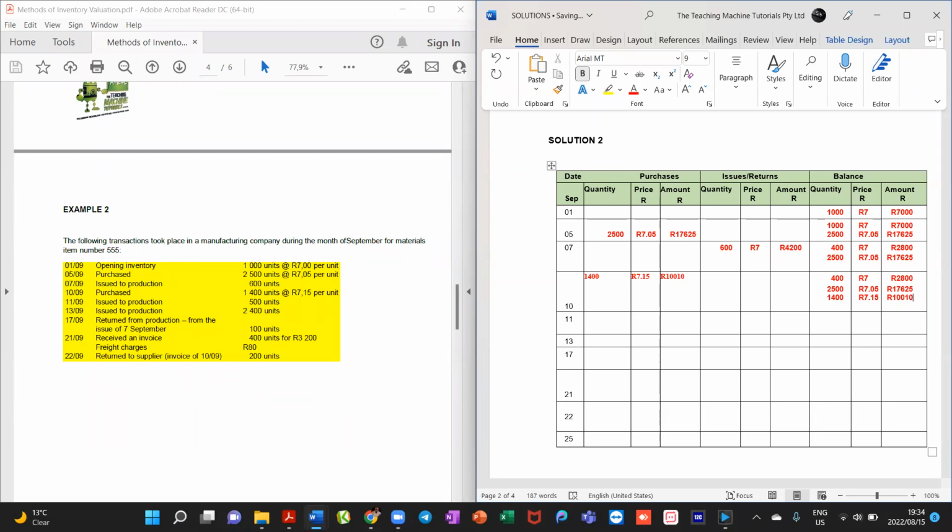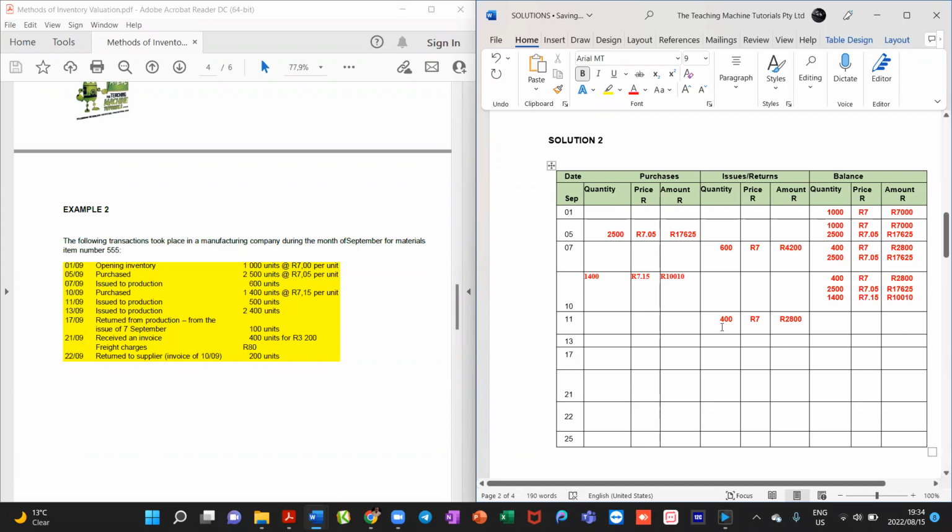10,010. On the 11th, we received a call from the factory. They requested 500 units. If they want 500 units and we have 3 batches, let us go to the first batch. The first batch consists of 400 units. What is the price there? 7 rands, and the total amount is 2,800.